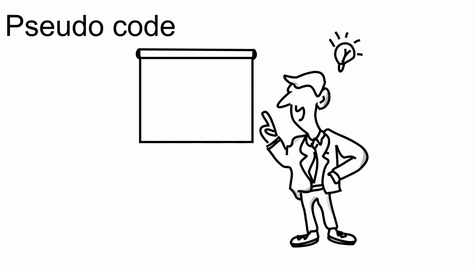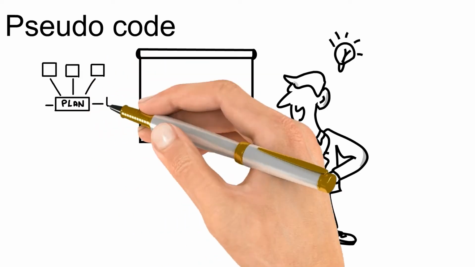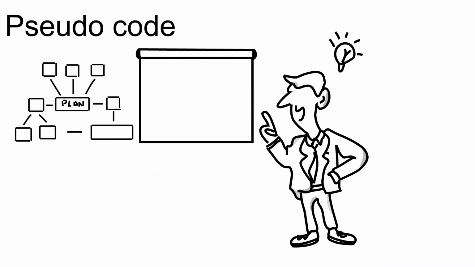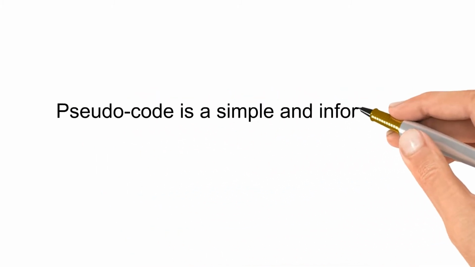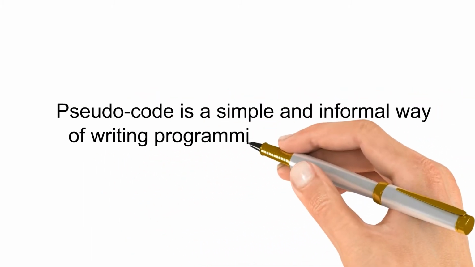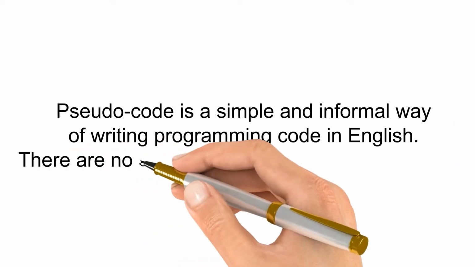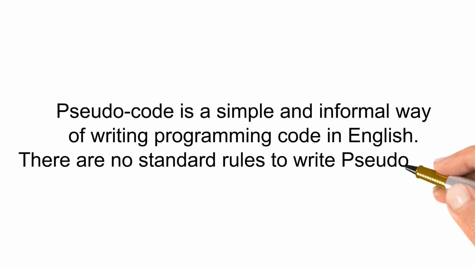Using it, one can easily break down a bigger problem into smaller modules or subparts, and it gives better clarity about how a particular program or process can be solved. So pseudocode is a simple and informal way of writing programming code in English. There are no standard rules to write pseudocode. So this was all about pseudocode.